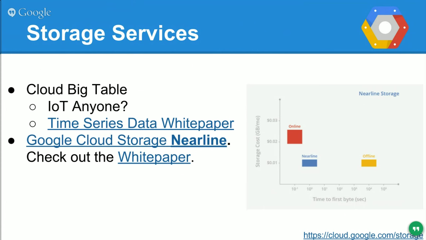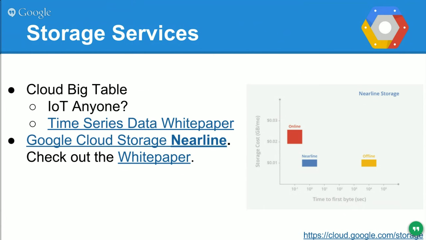The other interesting release that they've had vis-a-vis Google Cloud Storage is the Nearline service, and this is something where you can get storage. This is not really an offline or cold storage concept like Amazon Glacier and other services have. The latency is a little bit more compared to your online, always-on storage, but it's near real time.